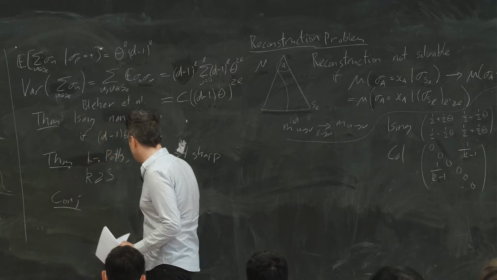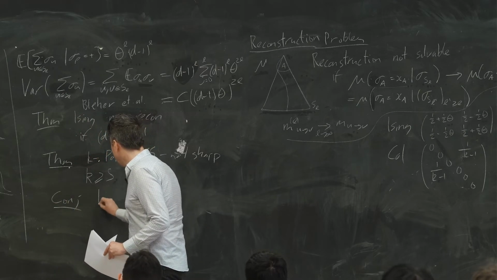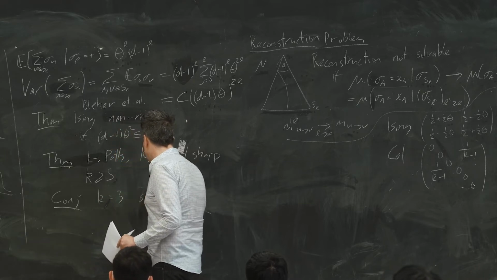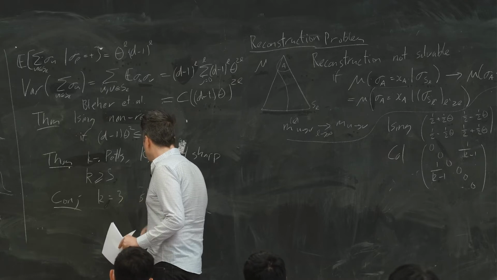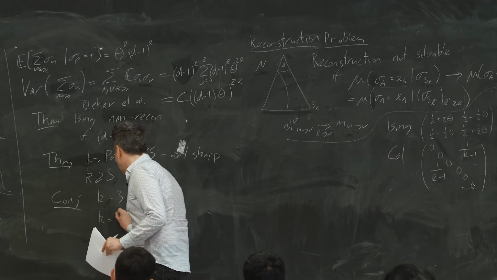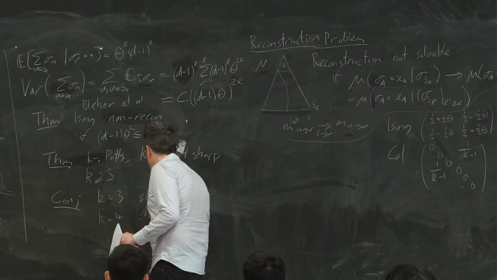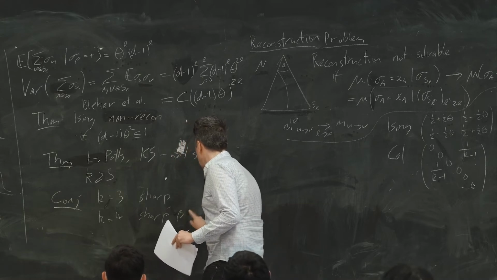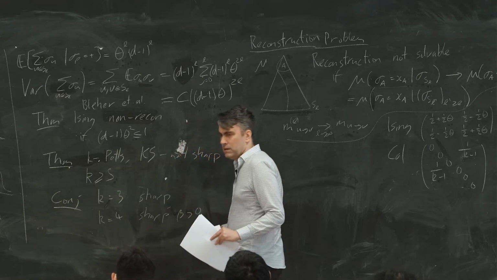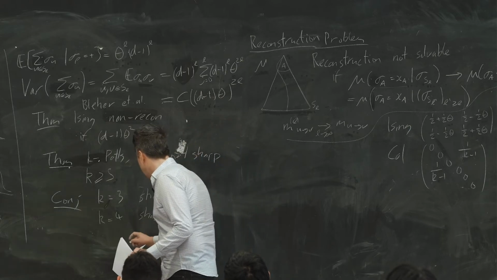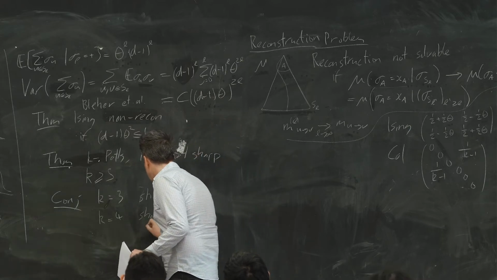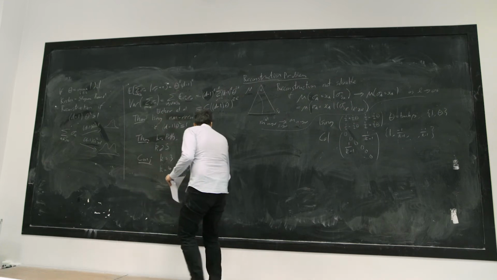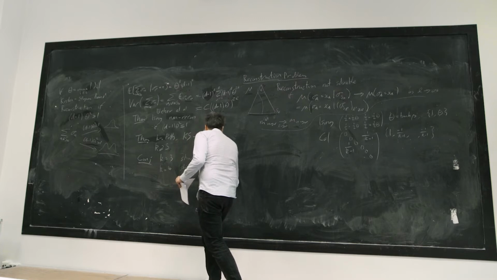So conjecture: when K equals 3, it's sharp. And when K equals 4, it's also sharp when beta is greater than 0. And it's sharp when beta is less than 0 and when d is bigger than 33.